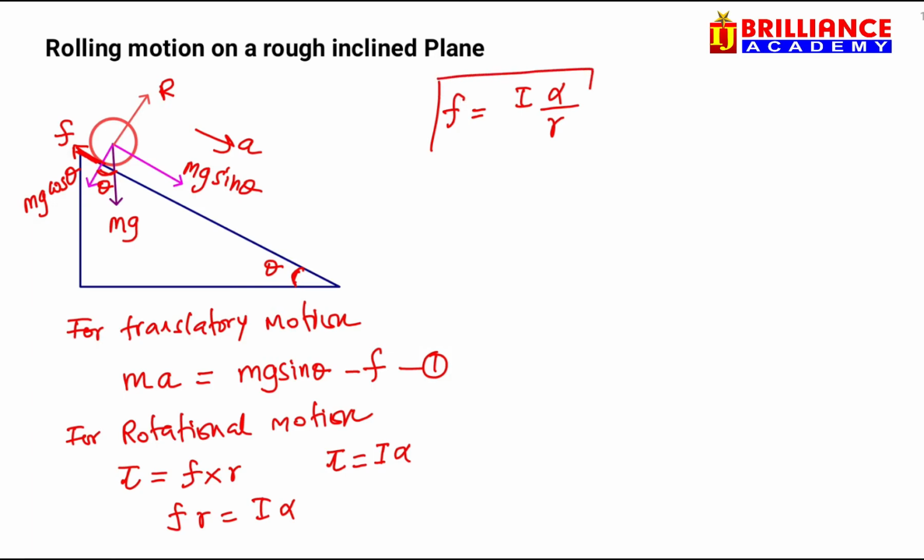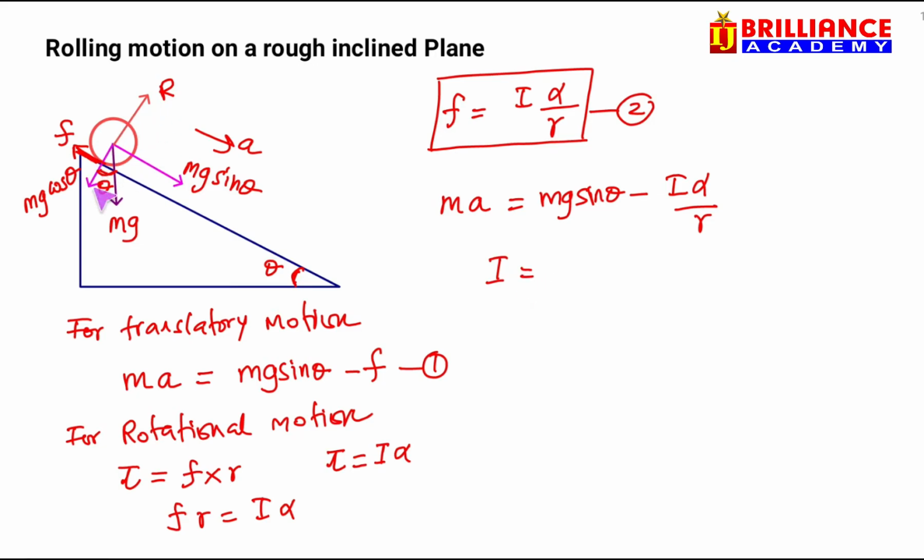So I got some value for this frictional force f, and I can take this as equation 2, and let me substitute equation 2 in equation 1. So ma is equal to mg sin theta minus, and instead of f I can write I alpha by r. Now we can substitute the value of I. I told you I'm going to write a general expression.